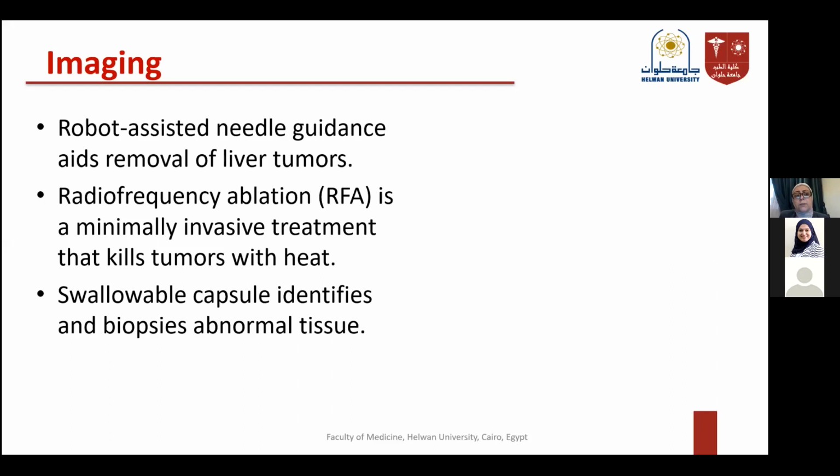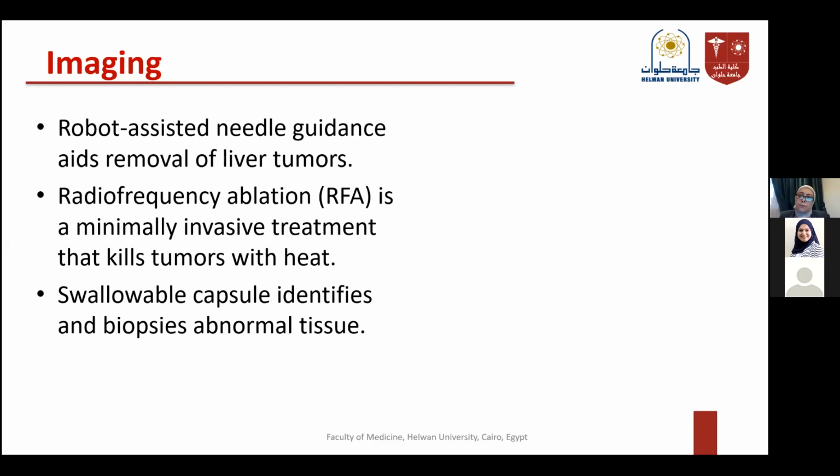There is also what is called radio frequency ablation, which is a minimally invasive treatment that kills tumors with heat and does not need open surgeries, especially in patients with poor general conditions.